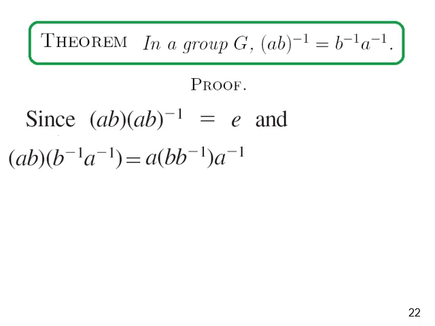And (a·b) times (b^-1 · a^-1) equals, by the associative condition, a times (b·b^-1) times a^-1.